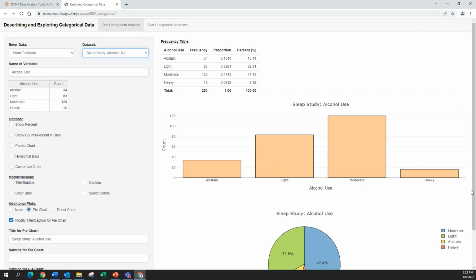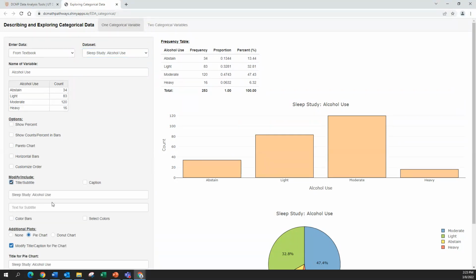And it says you can change the title. So let's do that. Modify, include the title. It's not a terrible title, obviously, with the sleep study alcohol use.